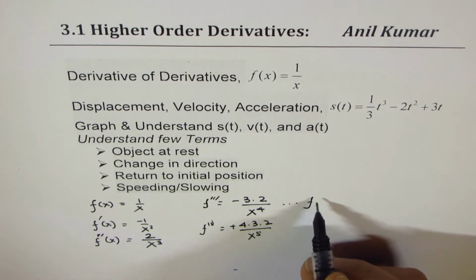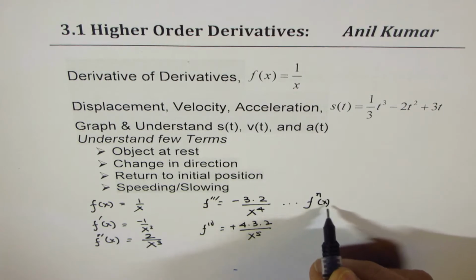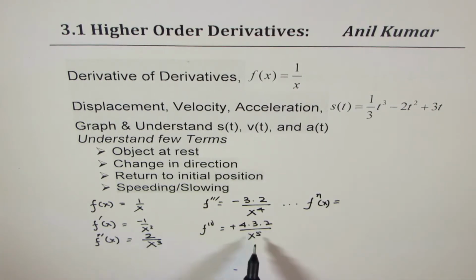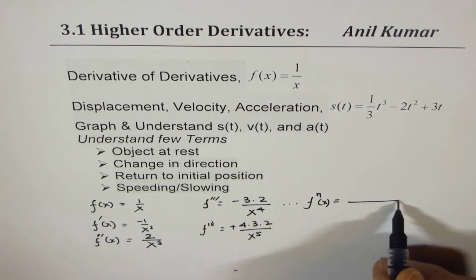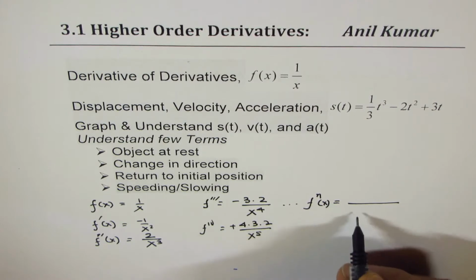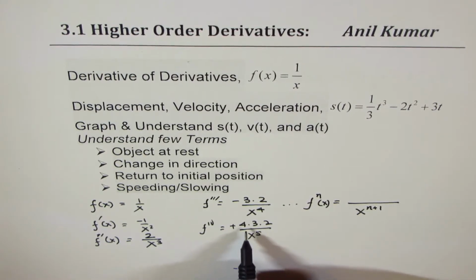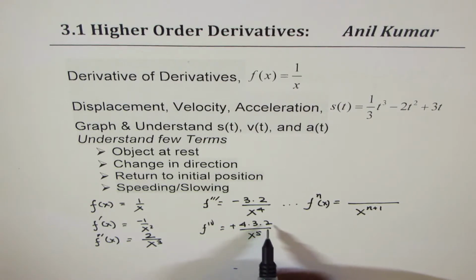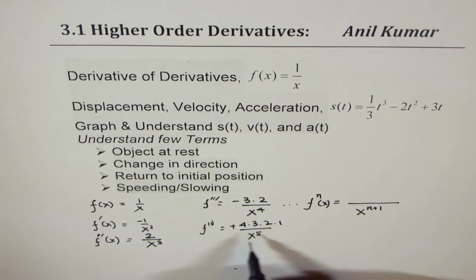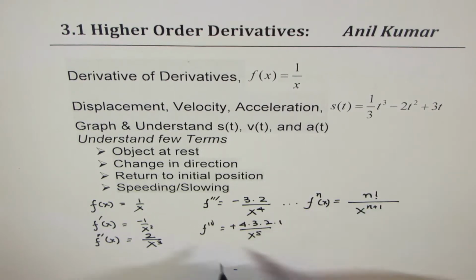So in general, we could write the nth derivative of this particular function as, you will notice here, that for the fourth derivative, the denominator had a power of 4 plus 1, right? So it should be x to the power of n plus 1. In the numerator, we have terms like 4 times 3 times 2 times 1, right? Which could be written as n factorial.